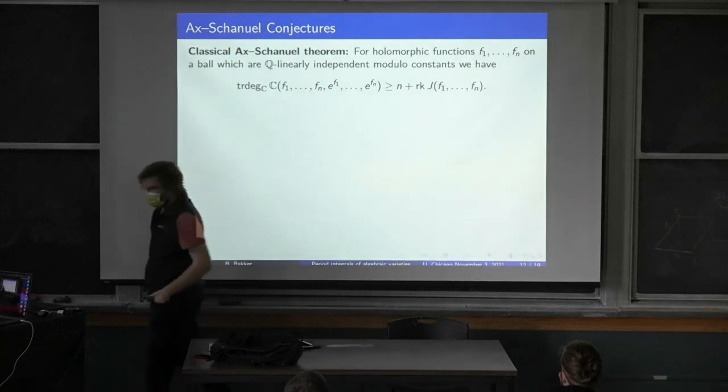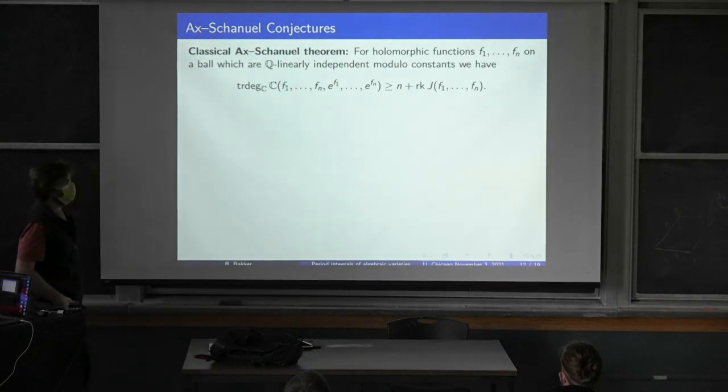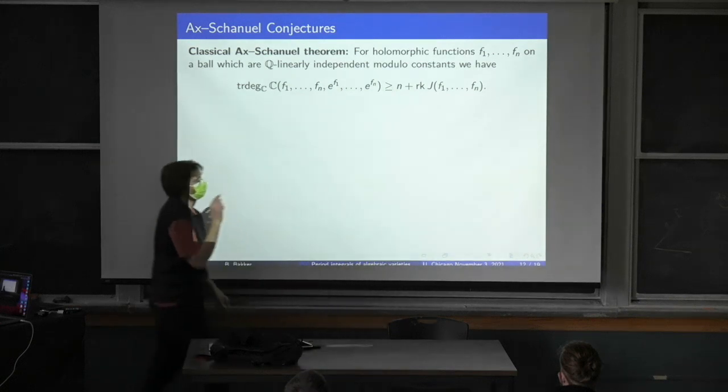This other term is the rank of the Jacobian matrix of those n functions. In other words, it's getting at the formal transcendence, like the transcendence as power series of these functions. I'll say more about that.